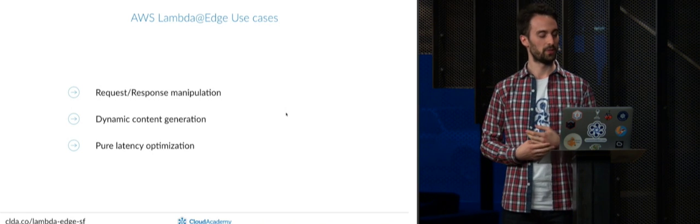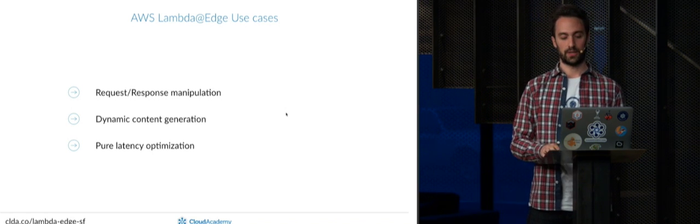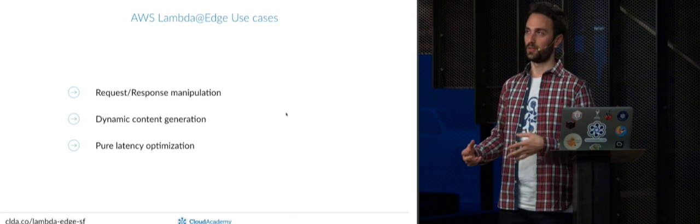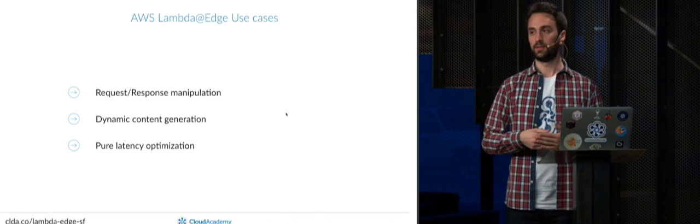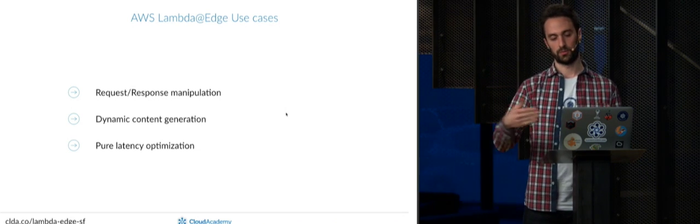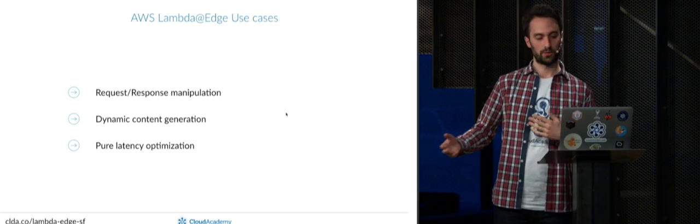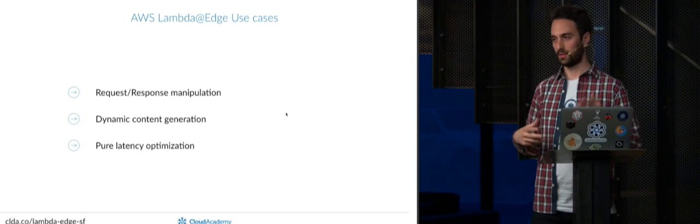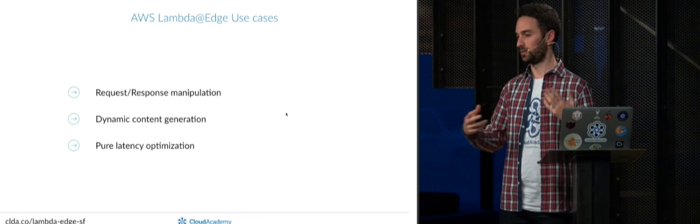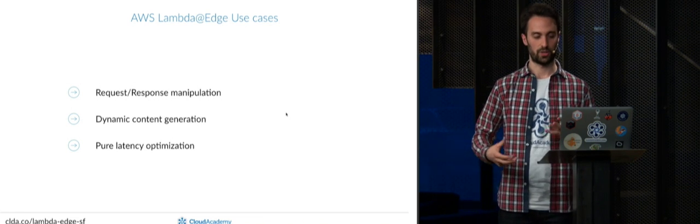The first category is just request and response manipulation. Whenever what you need is to take the request that's coming from the user or from the distribution to the origin, or the response going back, and you need to manipulate it, change something, adapt it to the client, or basically do anything about changing the resource.